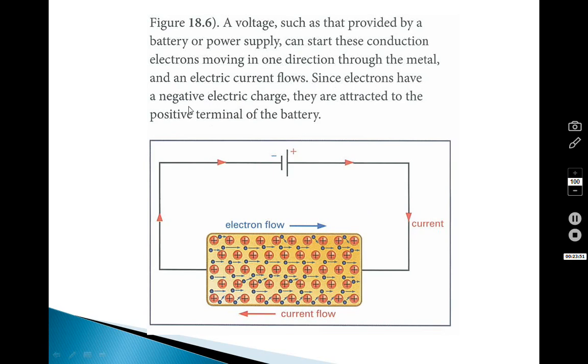The current flows in this direction, and the electrons flow in the opposite direction.